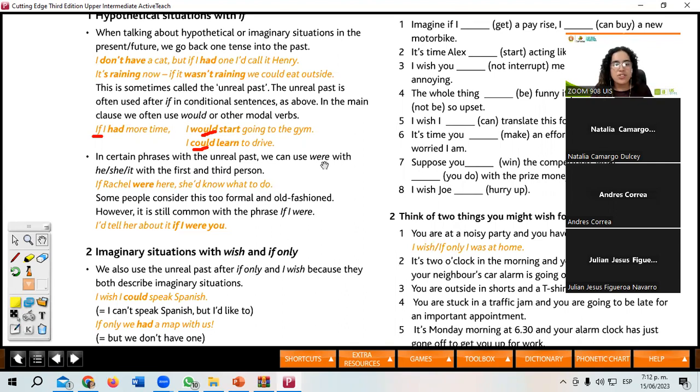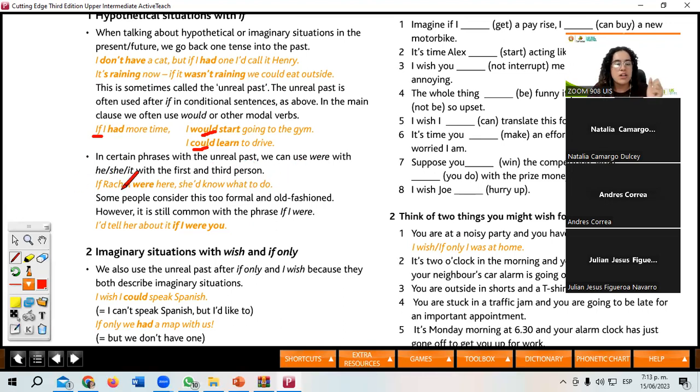Some people consider this too formal and old-fashioned. Entonces, en este tiempo con he, she o it, este uso, if Rachel were here, a veces lo vemos, pero algunas personas lo consideran como demasiado formal o anticuado, ¿ok? Entonces, en este caso, preferimos el uso del was. If Rachel was here, she would know what to do.